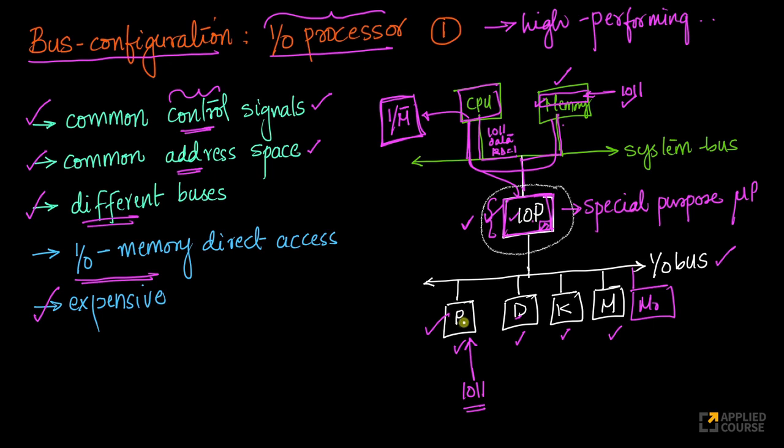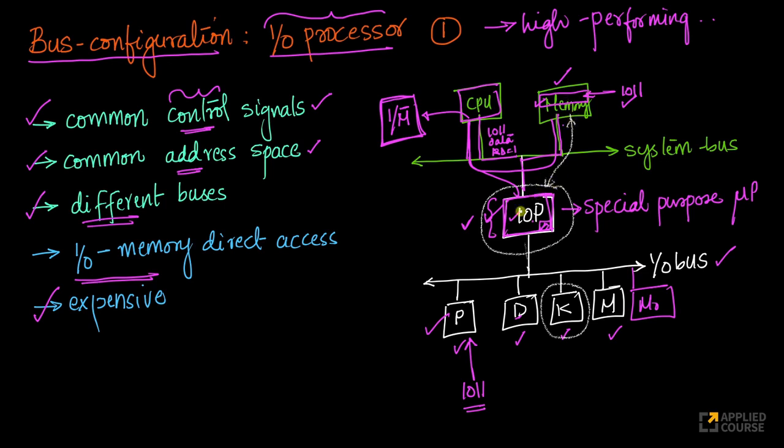Imagine I want to store some data from my keyboard. My keyboard is sending some data, and suppose I want to store that directly to memory. Now there will be special lines between your memory and IO processor also.